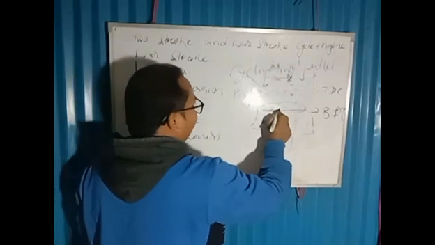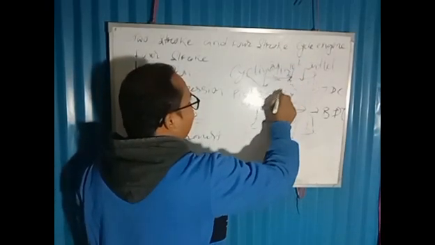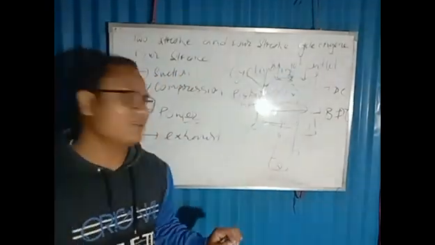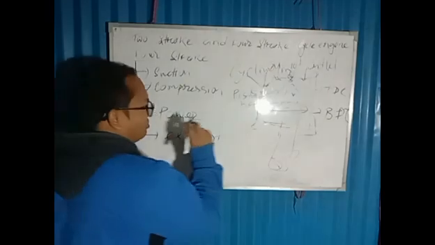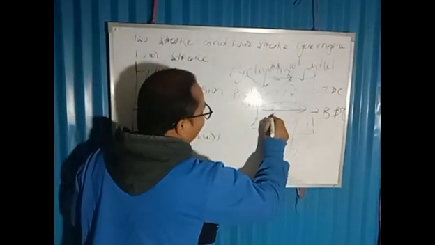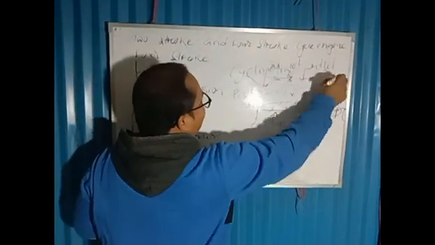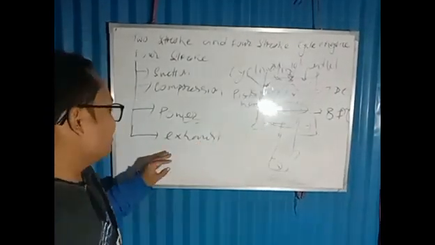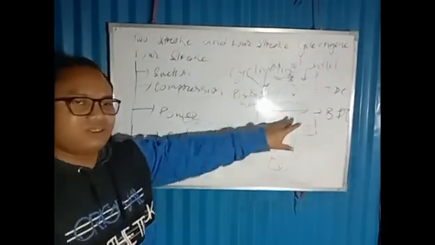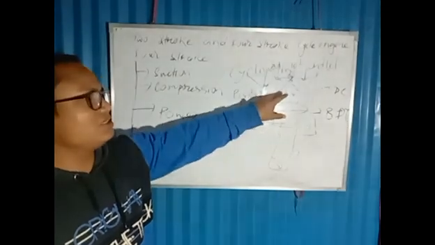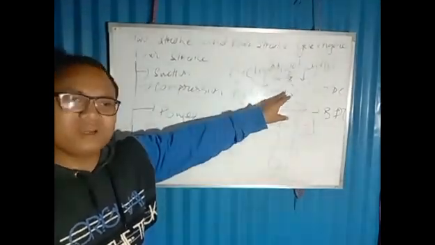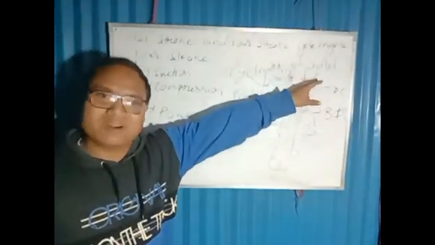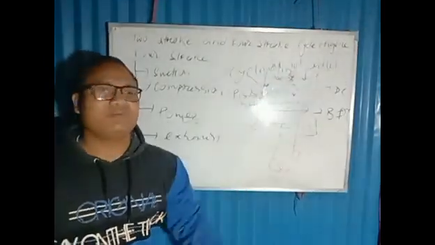At that time the burnt gas is exhausted through this outlet valve to the environment. Then the piston moves again from BDC to TDC. This is called the exhaust stroke. The exhaust stroke is nothing but exhausting the burnt air-fuel from the cylinder to the outer environment through the outlet valve.